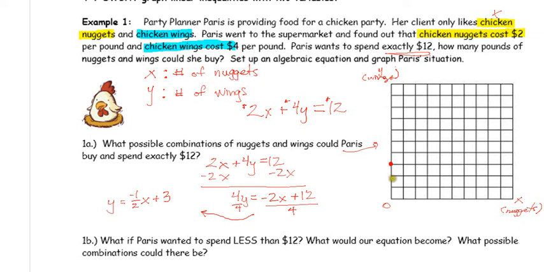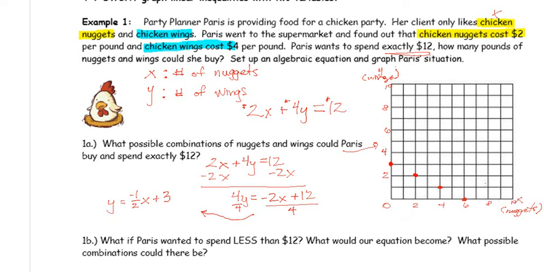And I'm going to go down 1, over 2 to the right, down 1, over 2 to the right, down 1, over 2 to the right. Let's go ahead and write a scale on here: 2, 4, 6, 8, and 10.